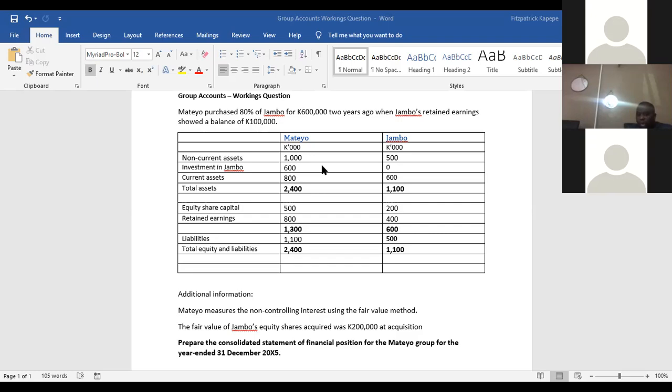You remember the NCI at acquisition fair value? Fair value. Okay, just a moment. Fair value consideration, and then NCI.